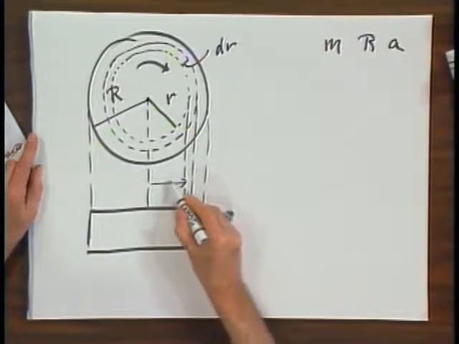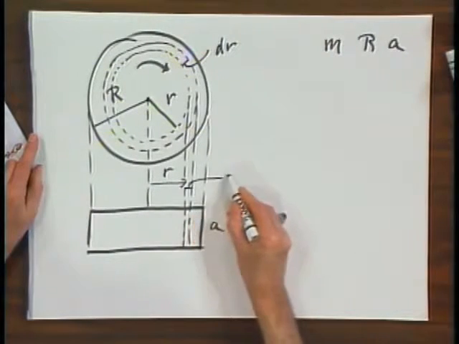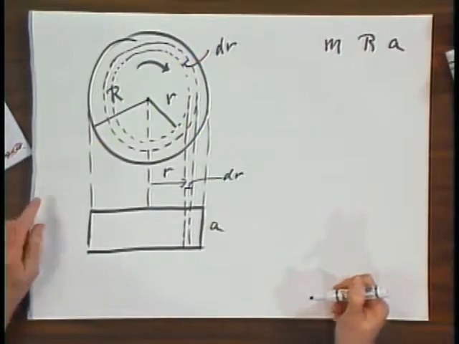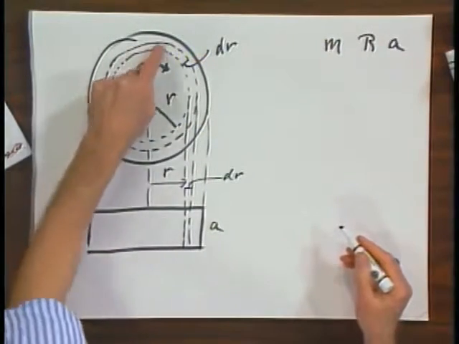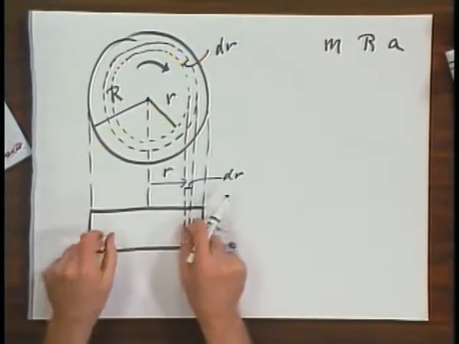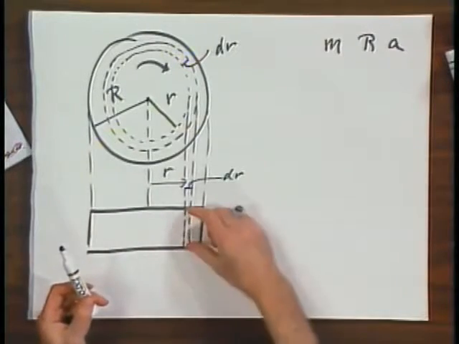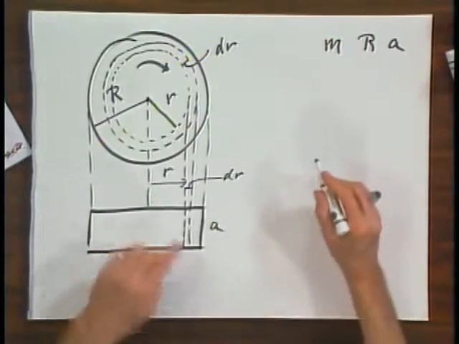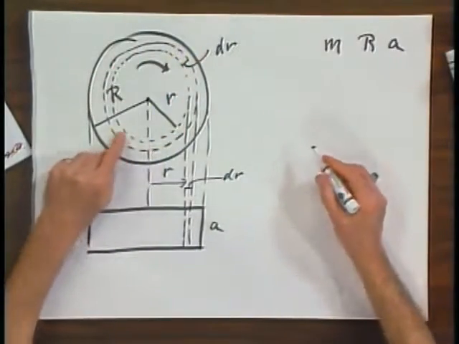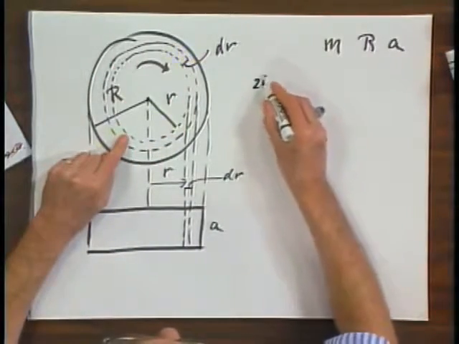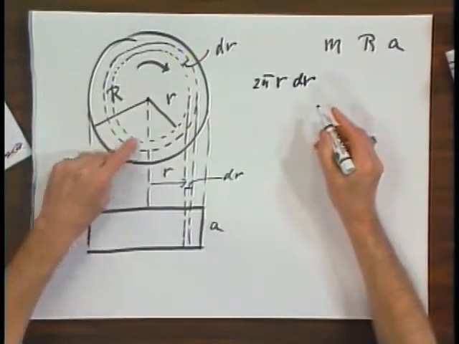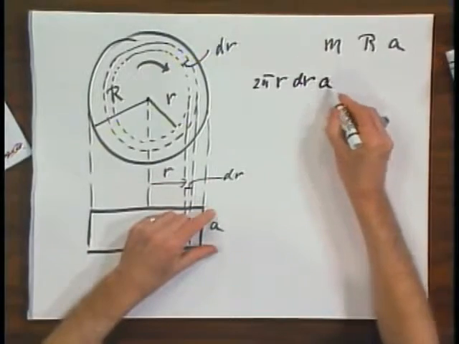So this is little r, and the thickness is dr. Which fraction of the mass of the total cylinder is in this very thin cylinder? It's like a ring which has a height a. Well, what is the volume of this ring? The volume is 2 pi r times dr, that's the surface of this ring, multiplied by a, that's the volume.